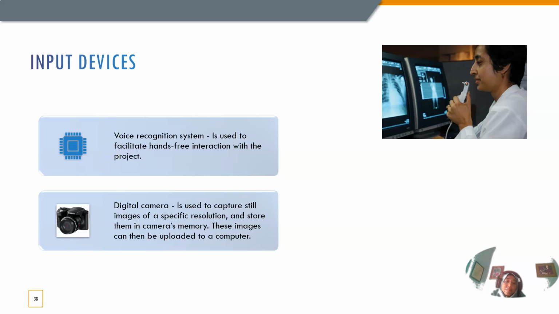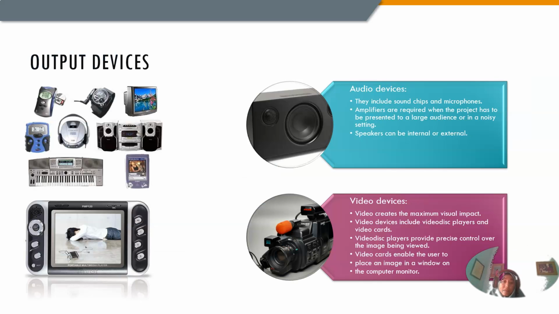For a digital camera, you record, and then you can save it digitally in the computer for editing. An output device is where, after the computer processes it, it delivers to the user.